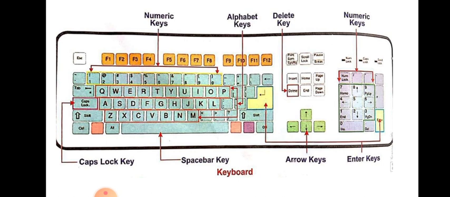Punctuation keys and combination keys are also there. Shift key, alt, control, all these keys are called combination keys. Dear children, always remember that by pressing control and home, you can move the cursor to the top of the document.